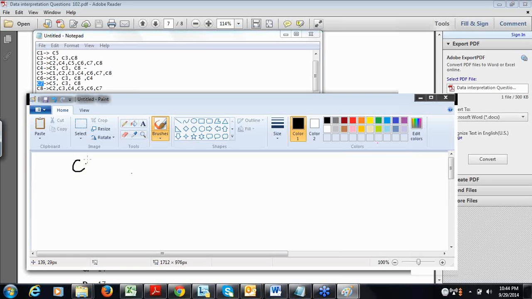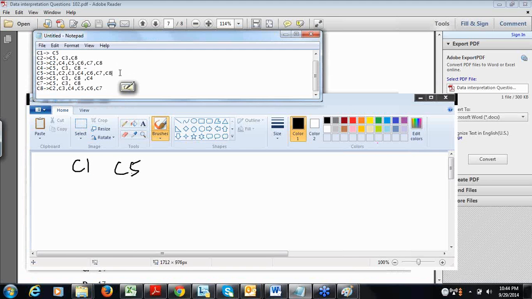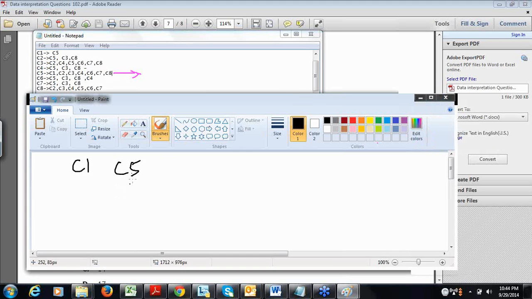Now consider C1 as one company. The other company in that region can only be C5, because only this will satisfy. Now suppose we have C2 and C7, because C2 and C7 have all the same competitors.